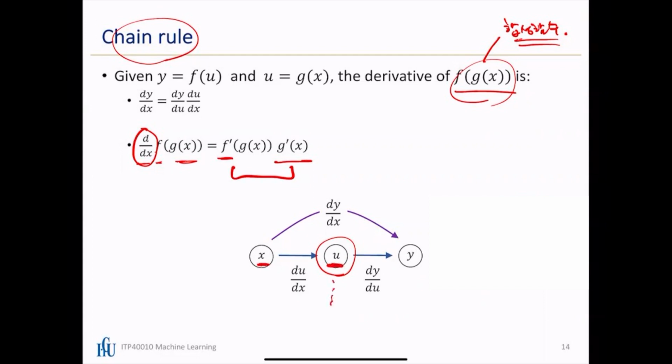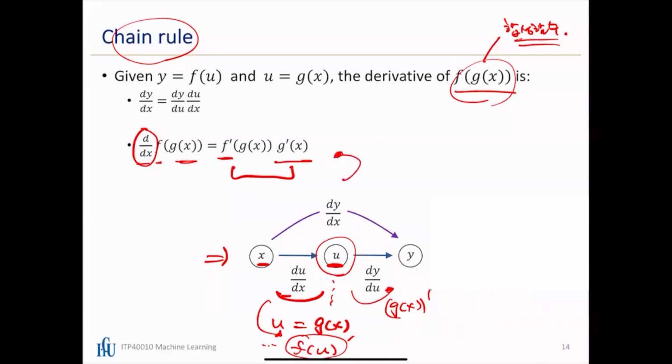So this can be understood as g of x. And at the beginning we had f of u. So we are taking the derivative of f of u for the first time. Then we are taking u and taking another derivative of u. So it's going to be taking the derivative of g of x. So conceptually, what you are essentially doing is taking these multiple steps, and we normally memorize this rule and apply it much more easily.